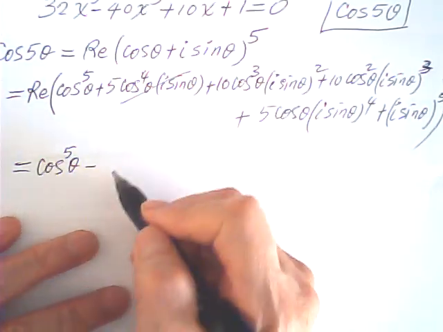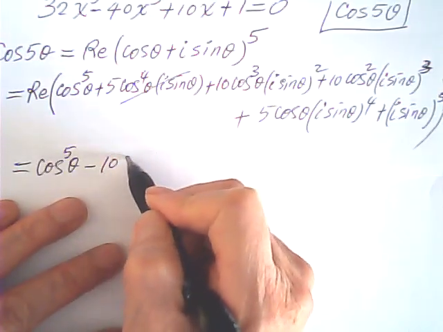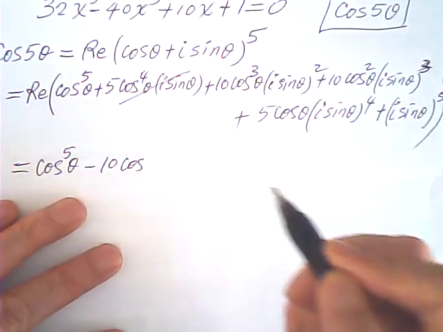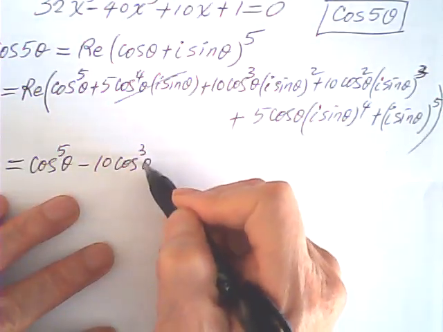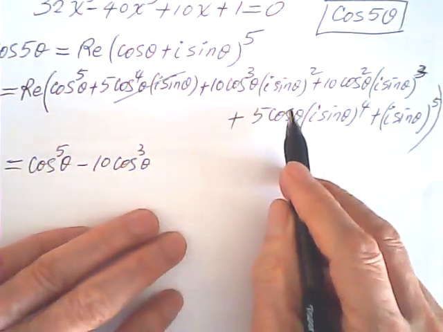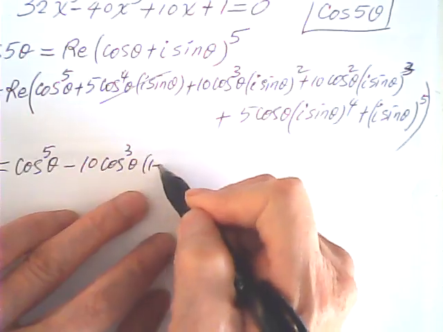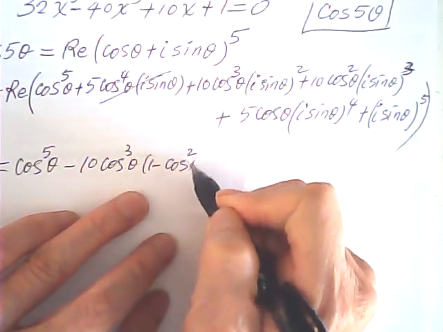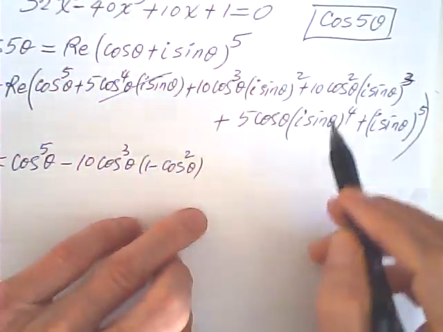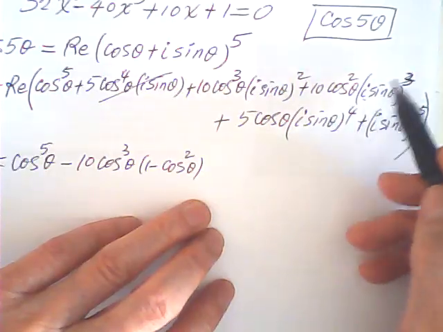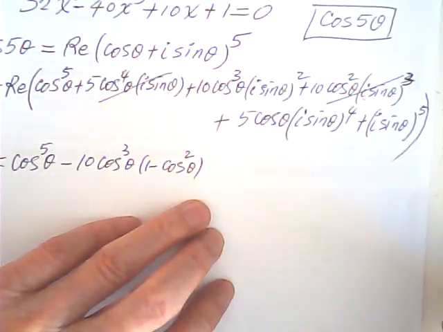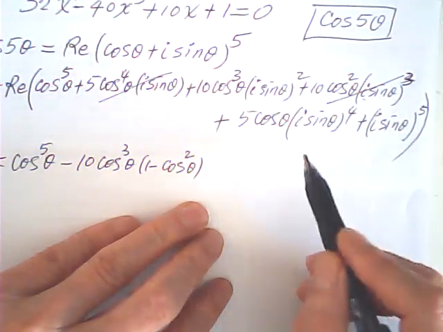It becomes, i squared is negative, and cosine cube sine square. Sine square changes to 1 minus cosine square, right? This one, i cube is a negative i, so I don't want it because I take the real part.